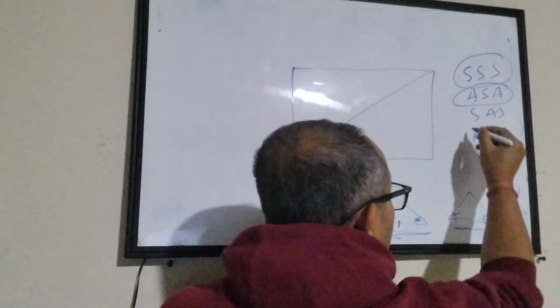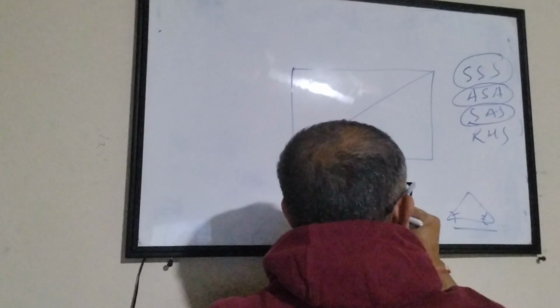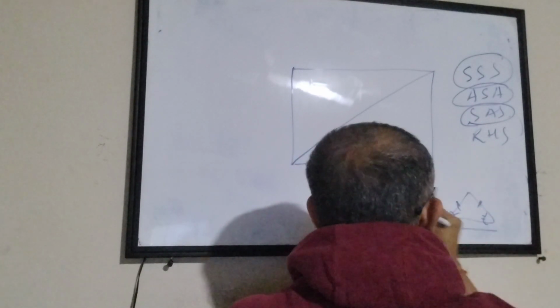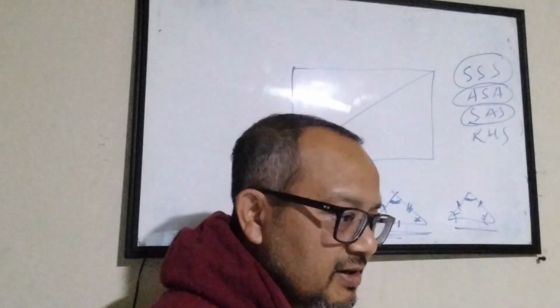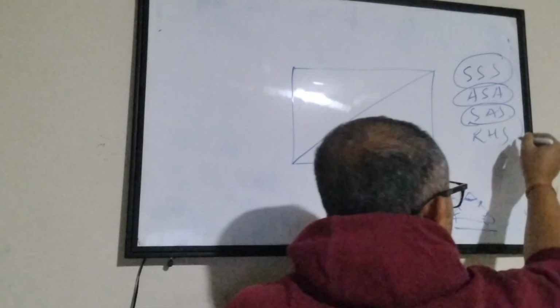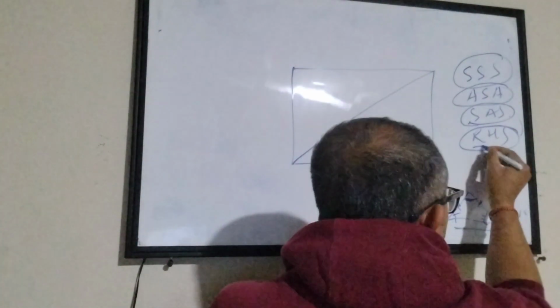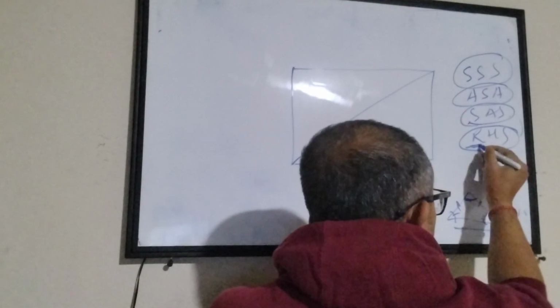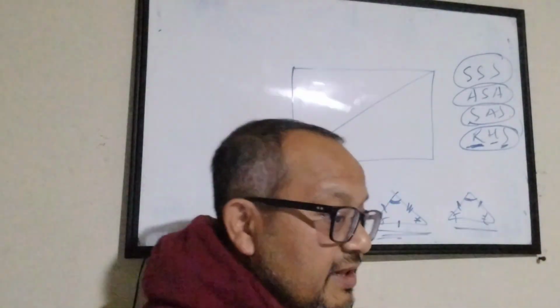Then the third one is, if you have two triangles with two sides matching, meaning this side and this side, this side and this side matching, and the angle between them matching, then they are congruent. And this one is for right angle triangles only. R stands for right angle triangle. In case of a right angle triangle, if the hypotenuse and one of the sides are the same, then they are congruent.